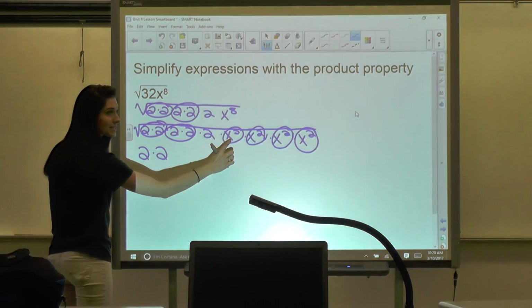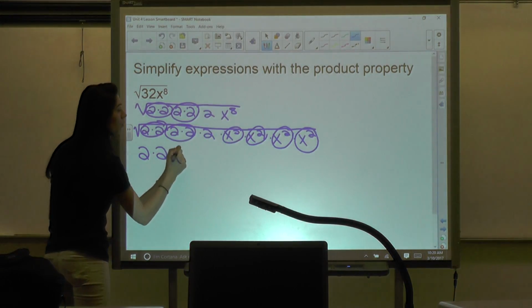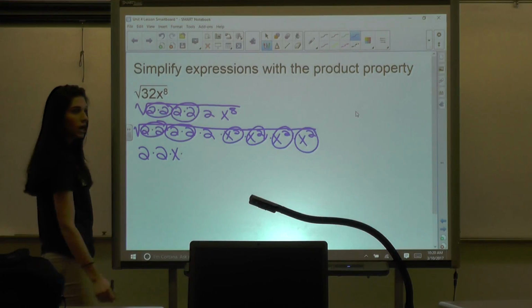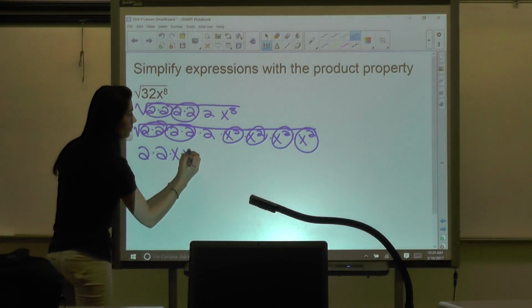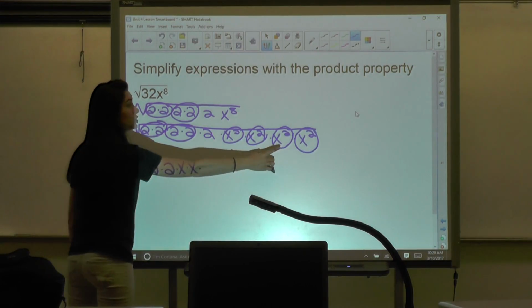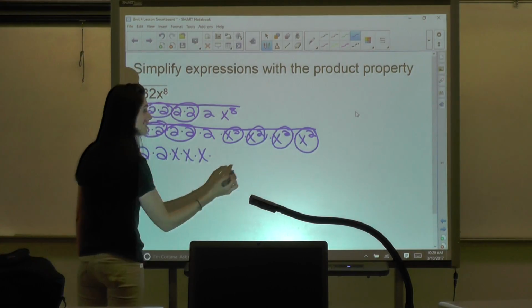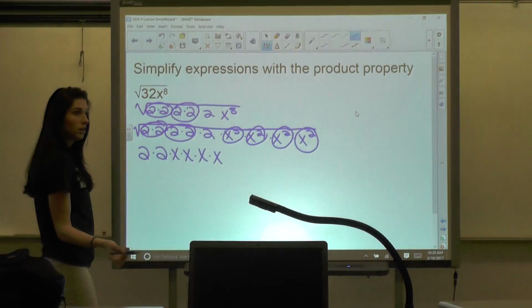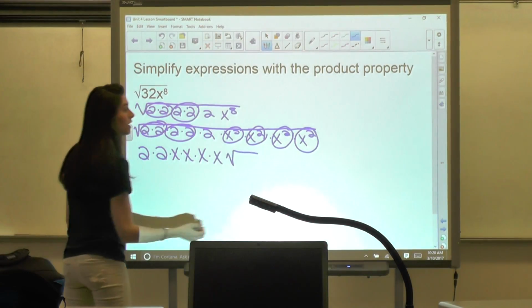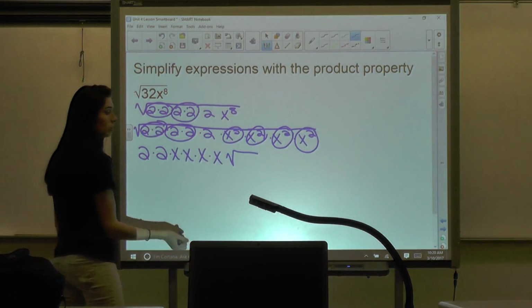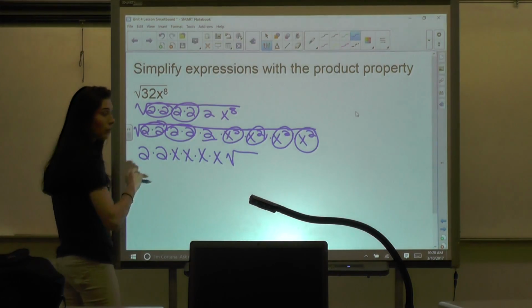I have 2 x's, so I bring out 1. 2 x's, so I bring out 1. 2 x's, so I bring out 1. And 2 x's, so I bring out 1. What are you left with inside of the radical? 1 2. That is it.